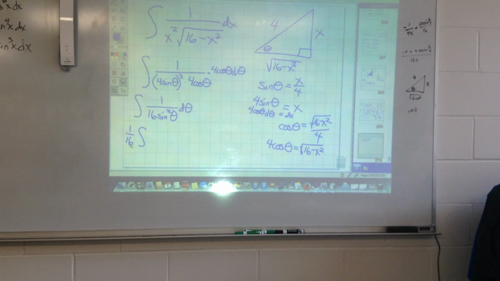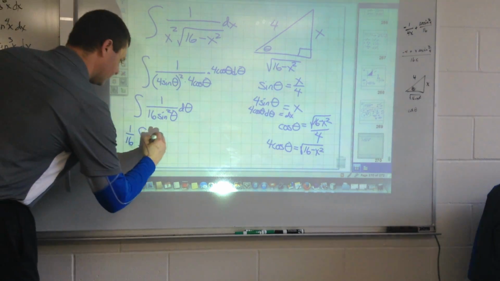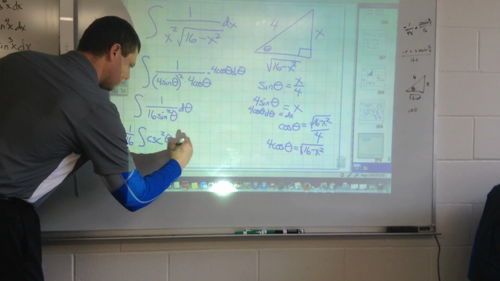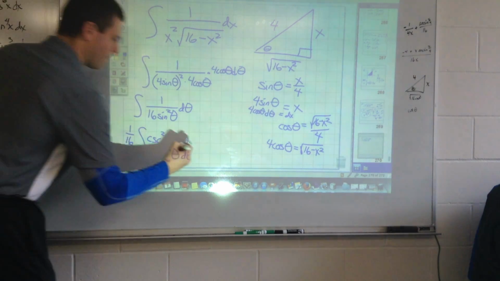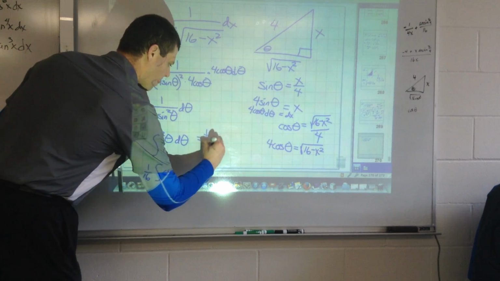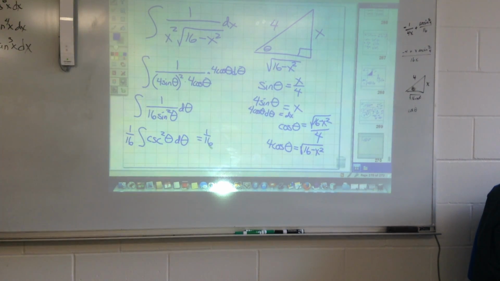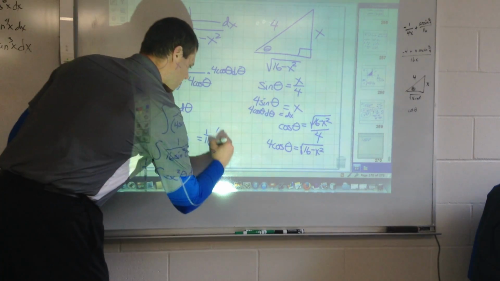And 1 over sine squared is really cosecant squared. So I brought the 1/16 out, and I'd still have 1 over sine squared then, but 1 over sine squared is cosecant squared. The antiderivative of cosecant squared is negative cotangent.